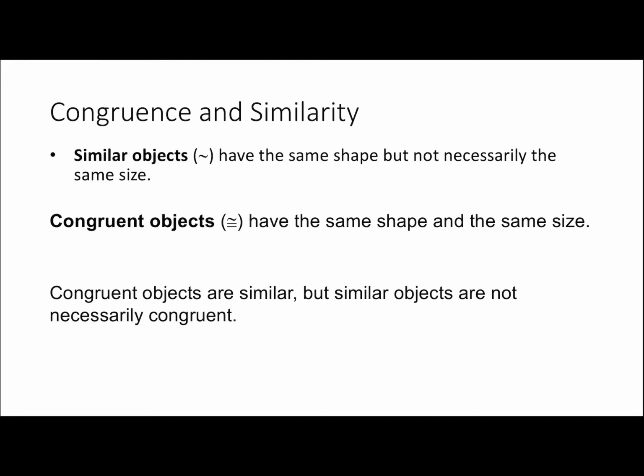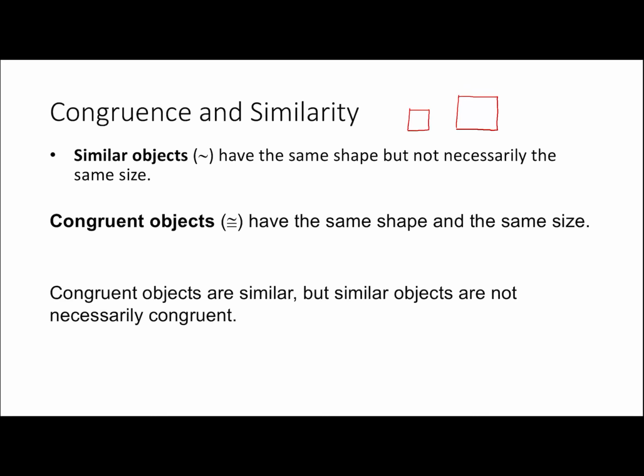So as we talk about congruence and similarity, objects are considered similar if they have the same shape but not necessarily the same size. So, for example, let's think about a square. You can think about that easily, I think.